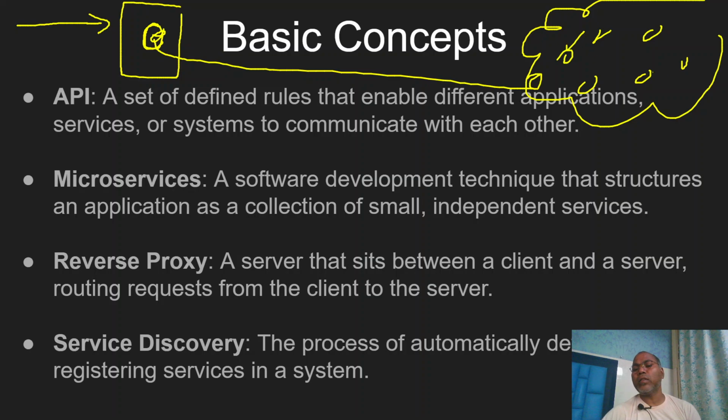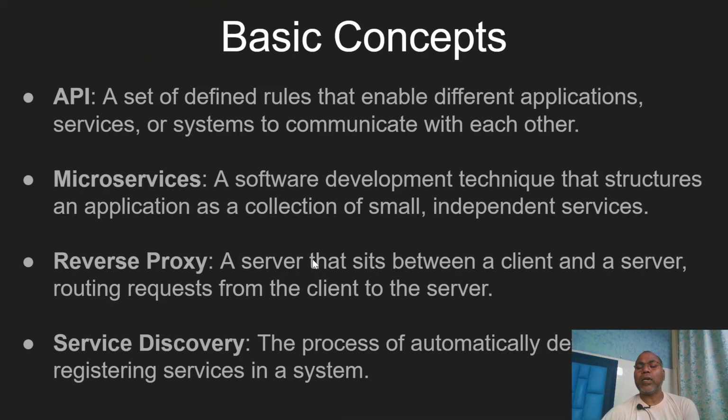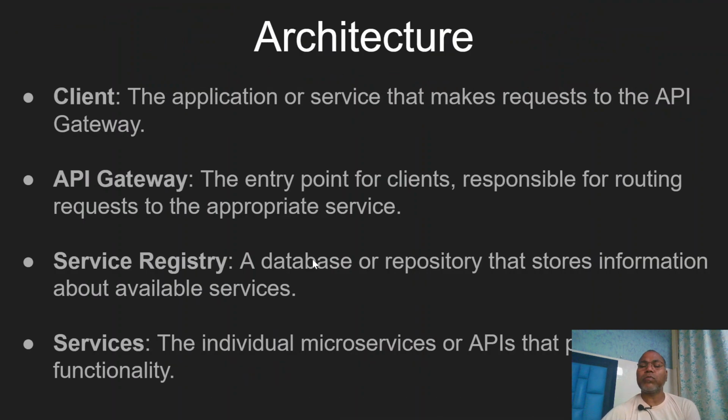So with the help of the API gateway configuration, it can detect the server where a particular microservice, a particular API, lives in the system, so that it can properly route the request from the client to the server.